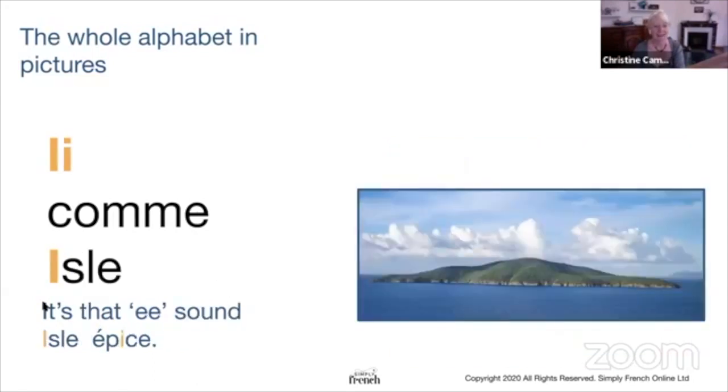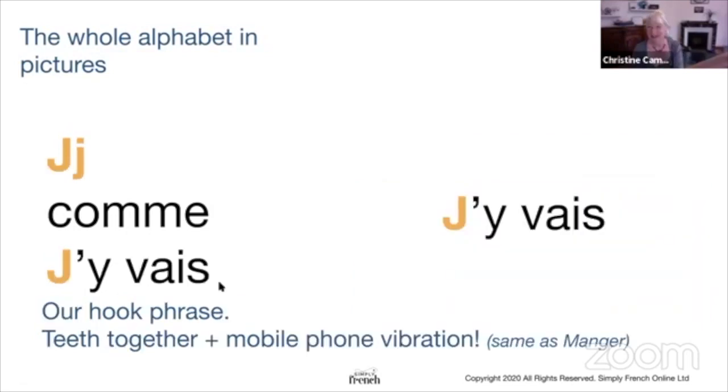I comme il, which we mentioned before. It's that E sound, il, and épice. Now, as English people, we want spices, we want the I sound, and we need to remember our hook words, épice, spices, spice, épice. See, I'm hesitating. I'm English every time, and my hook is j'y vais. Okay, J comme j'y vais.